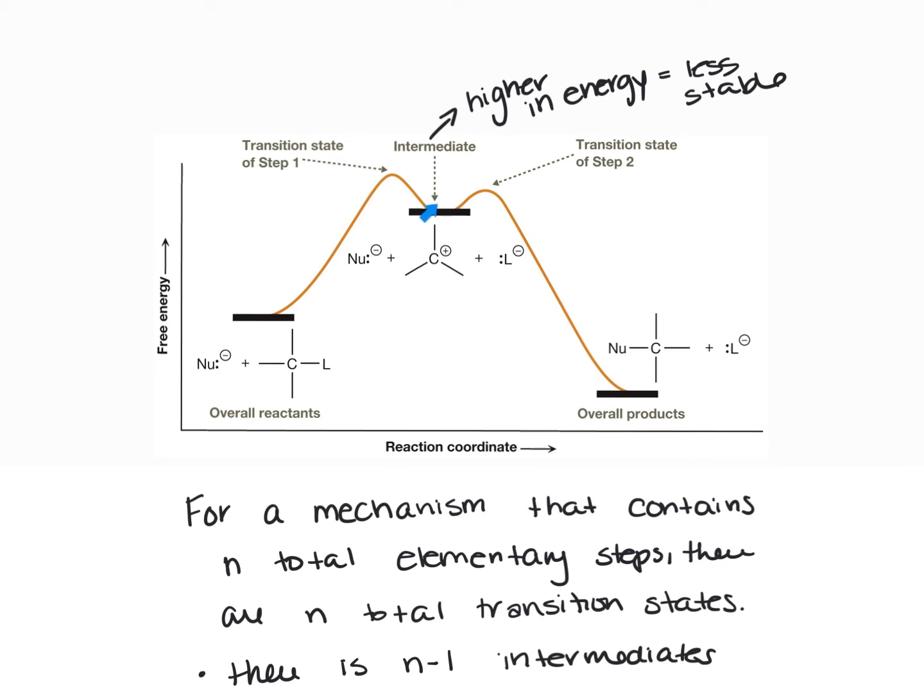The intermediate, though, does occur at something called a local minimum, or minima. All right, you see either one. So it's a local minimum in energy along the reaction coordinate. So the energy increases when you go either forward or backward from the intermediate along the reaction coordinate.